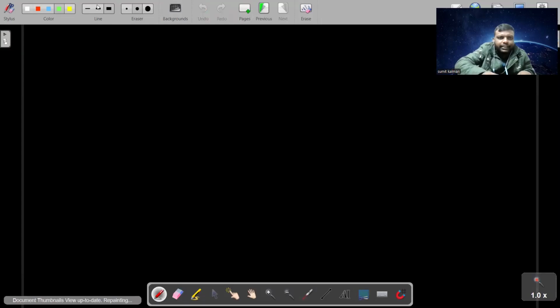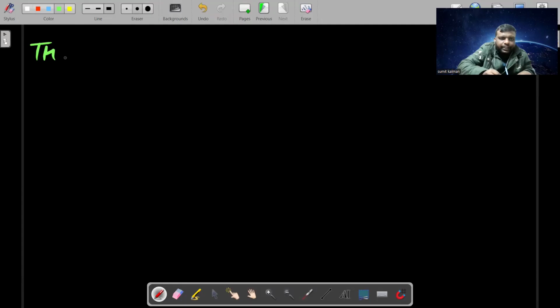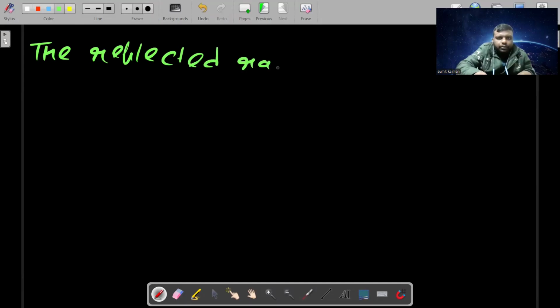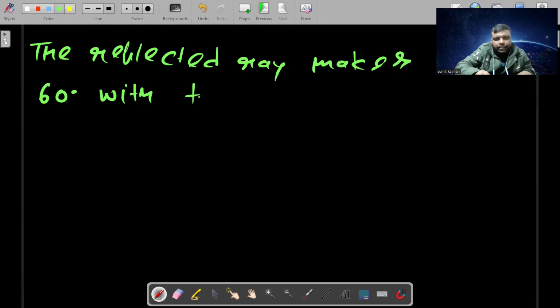The reflected ray makes 60 degree with the horizontal.